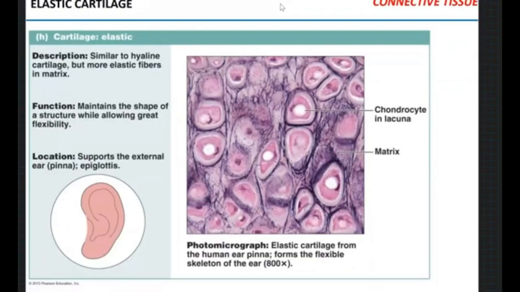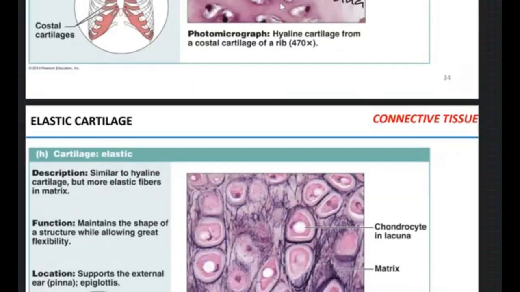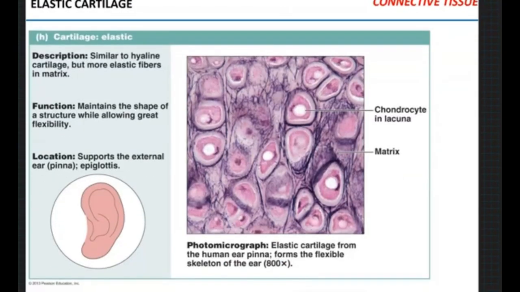Elastic cartilage. If you compare this image with the previous one, there are two main differences. Difference number one, do you see these fibers? Those elastic fibers, which makes cartilage elastic.